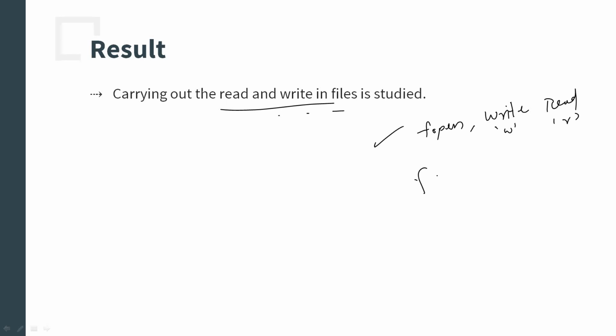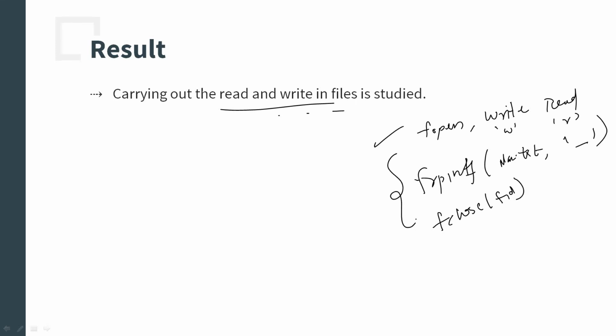Then use fprintf, with the name and extension of the file, and then whatever line you want to write. After that use fclose to close the file identifier. That will either write or read the data in files in MATLAB.